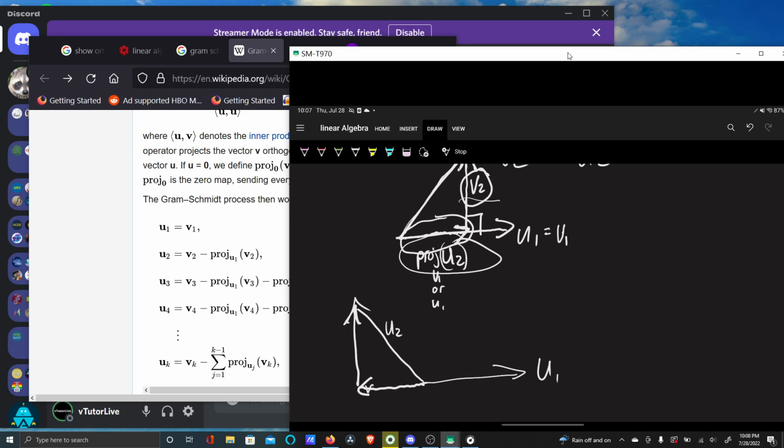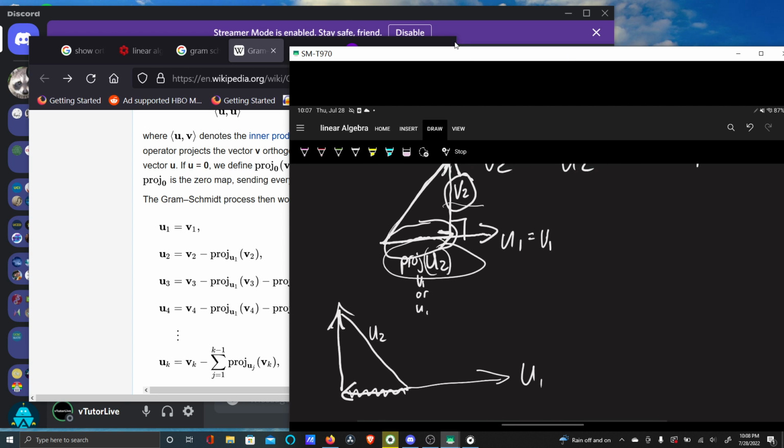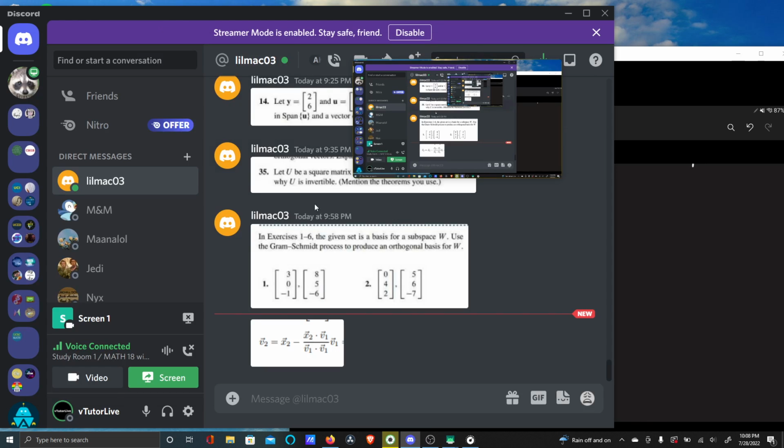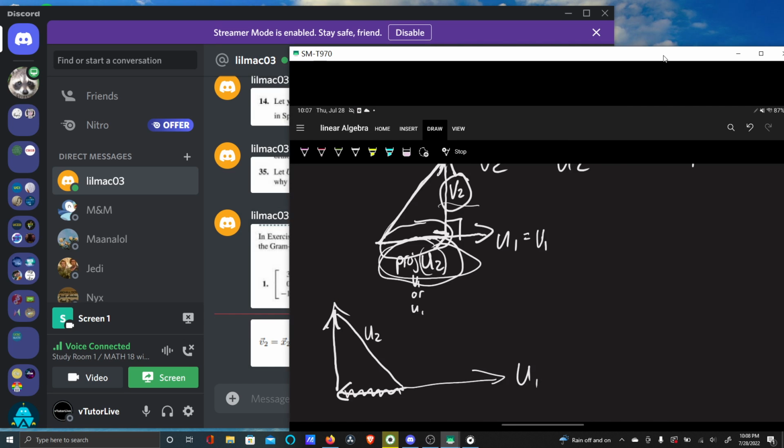And as for how to find this projection, well, that's exactly the equation that you gave me over here. This is just the projection formula that you see all the time in intro multivariable calculus. But yeah, I'm hoping that clears it up. I'm sure you can extend this logic to higher than 2 dimensions. The Gram-Schmidt process probably just keeps something like this going into higher and higher dimensions, right?